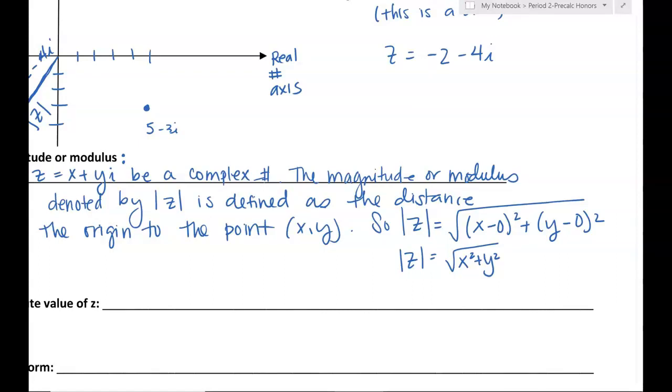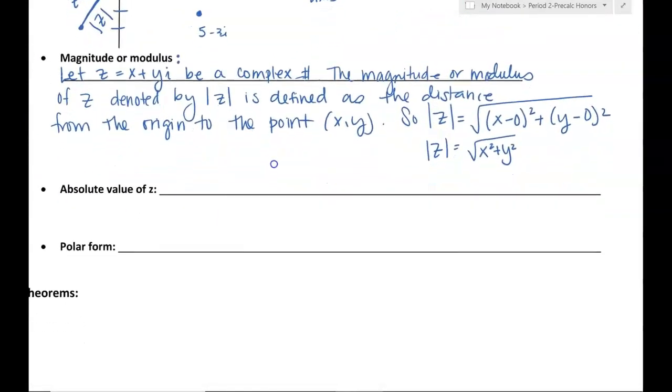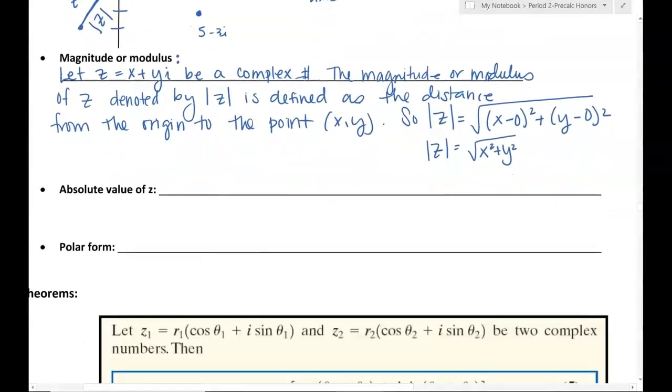Isn't this the same as the radius formula if you were given an ordered pair in rectangular form and you were trying to find the radius? I know, right? They're totally related. All of these are related to each other. The absolute value of z, as you can see here, is another way to say the magnitude.